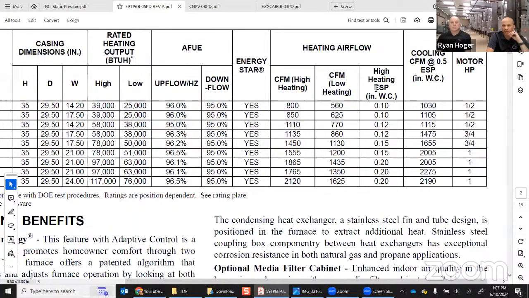So that external static pressure on here is the supply plus the return side of the equation added together. You need to have both pieces to figure things out. The main concern when we're talking about static pressure, if you're having problems, you talk to tech support, we don't care about all the other stuff that's around it.